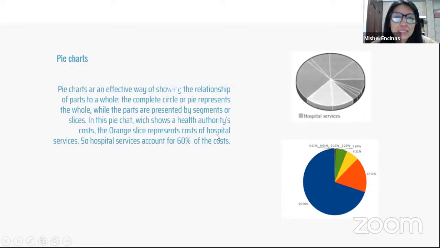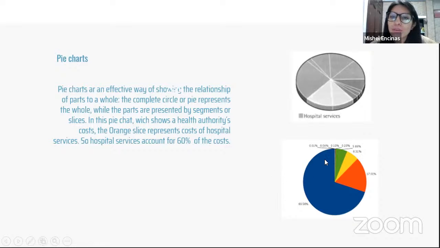Or segments. In this pie chart, which shows a health authority's costs, for example, the orange slice represents costs of hospital services, this part. Okay, so hospital services account for 60% of the costs.